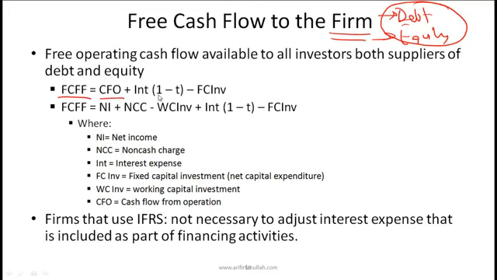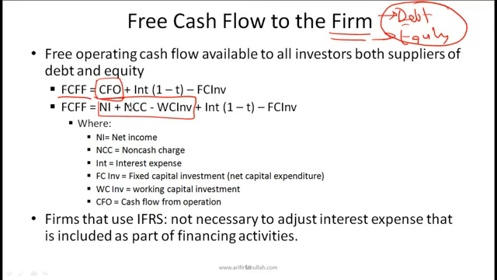Since this is money available to debt holders also, if we are using US GAAP, for example, interest is subtracted when we come up with CFO, and that needs to be added back because we are taking the perspective of both equity holders and debt holders. And CFO can be expanded, as you just saw with the indirect statement: net income plus non-cash charges like depreciation minus working capital investment.